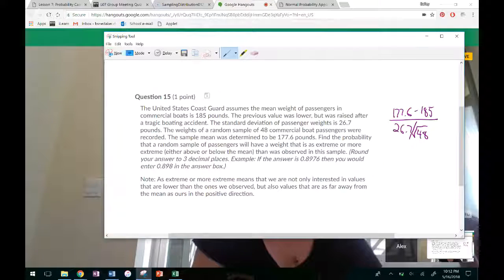Minus 185, that gives me negative 7.4 divided by the square root of 48. And I want to do 26.7 divided by 4.33333, which is 5.00625.